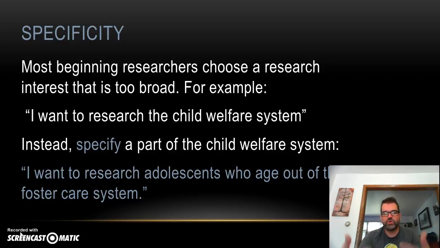There is so much to learn about the child welfare system, right? And there are so many different components. So instead what you need to do is specify a part of the child welfare system. Out of all of the components of child welfare work, I'm going to choose the foster care system. And more specifically, I want to know about adolescents who age out of the foster care system. So they're still in the foster care system when they reach an age of young adulthood.